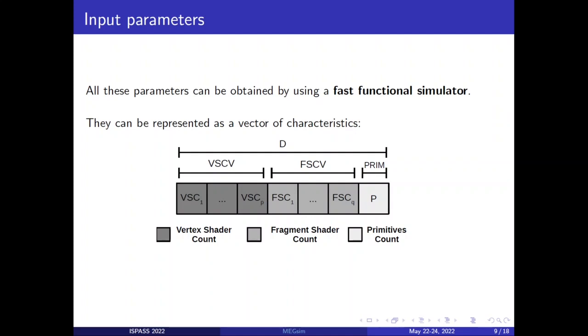As you can see in this diagram, our vector of length d contains p elements that represent the number of times each vertex shader was executed, q elements with the count for the fragment shaders, and finally only one element with the number of primitives.